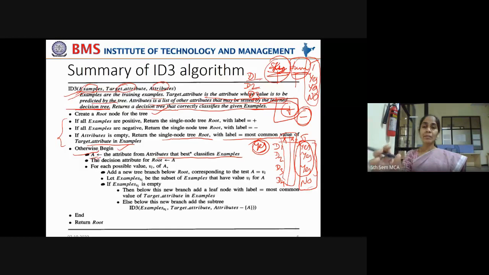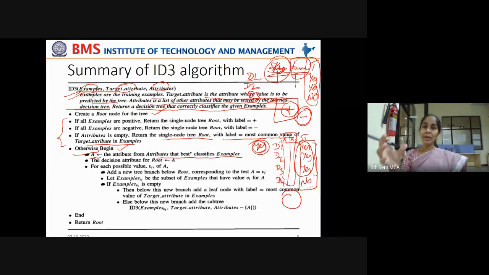We have some statistical measures to say whether a particular attribute used at the root node, marital status, or gender, or whether he owns a house, or his income level, which attribute better classifies the training examples. That has to be taken at the root node, right?